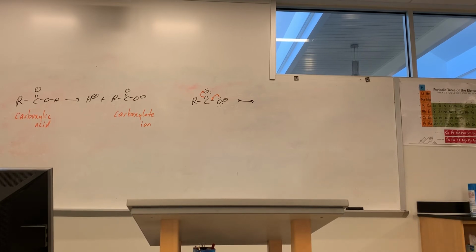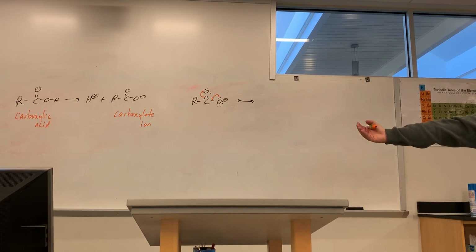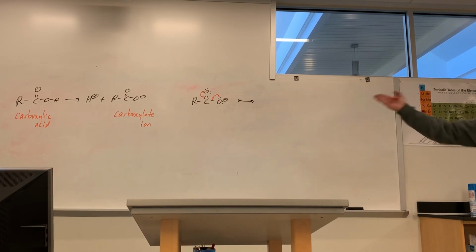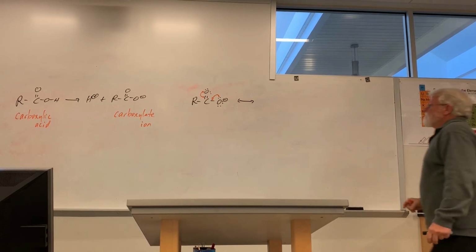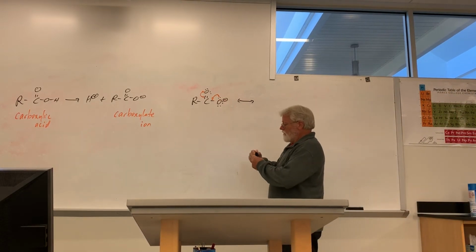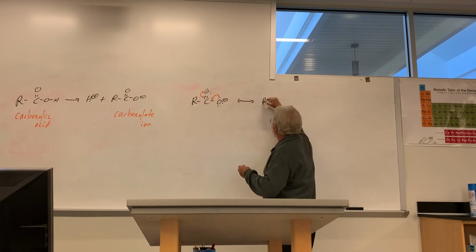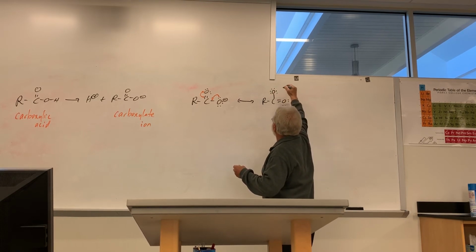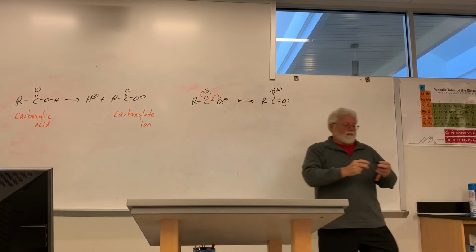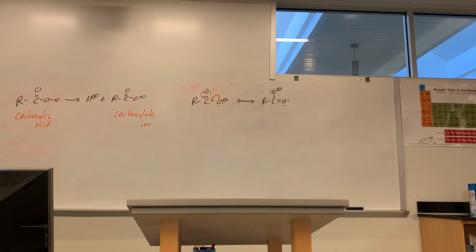If you move any sigma bonded electrons, what have you done? You've broken that bond. You're carrying out a chemical reaction now. That's not what we want to do. We're simply describing the carboxylate anion. So by following these arrows, I can draw that alternative resonance structure for the carboxylate anion.